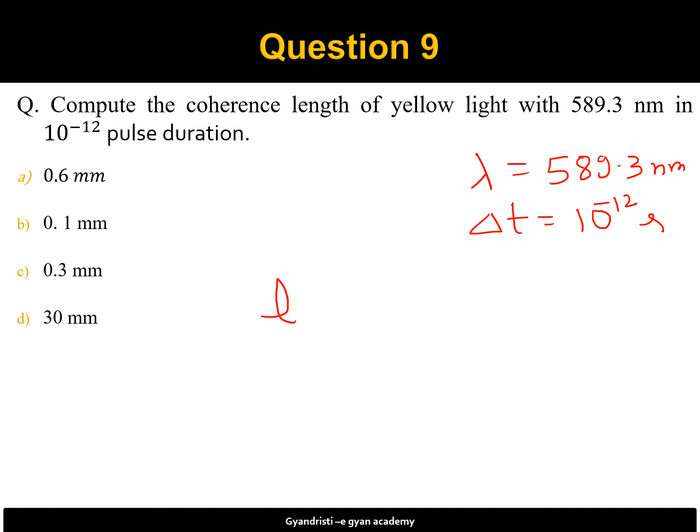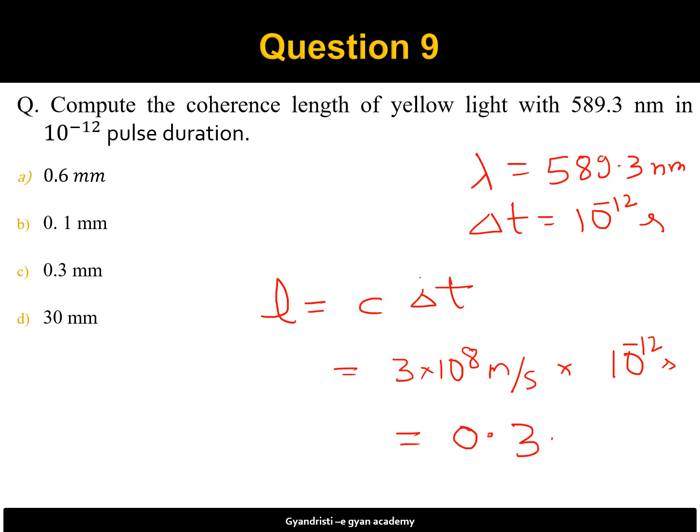Coherence length is given by c into delta t, where delta t is the pulse duration. So the coherence length will be equal to 3 into 10 to power 8 meter per second times 10 to power minus 12 second. If you solve it, you will get 0.3 mm. So the correct option is option C.